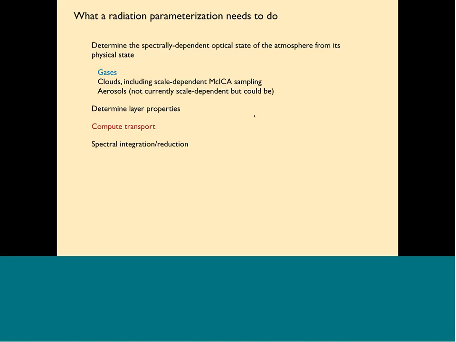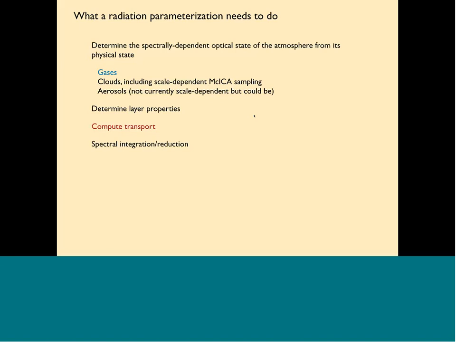So you need to determine the spectrally dependent optical state of the atmosphere from its physical state. So the radiative transfer equation works on things like optical thickness and single scattering albedo. Those are the optical description of the atmosphere. But of course, the predictive models predict things like relative humidity, or humidity and temperature and gas concentrations.